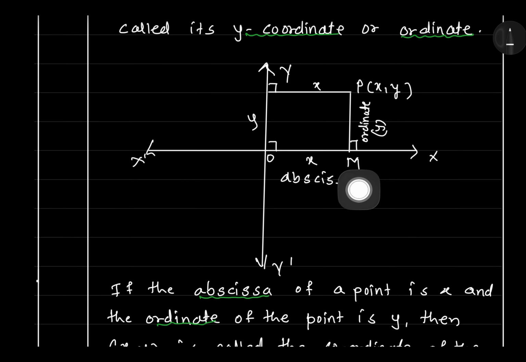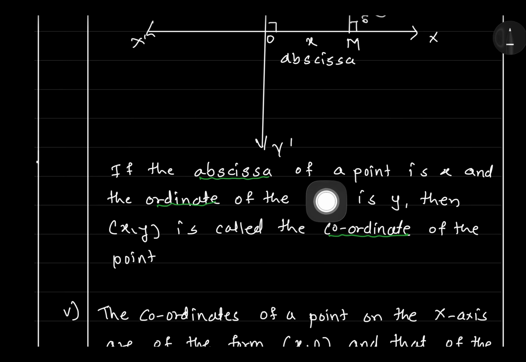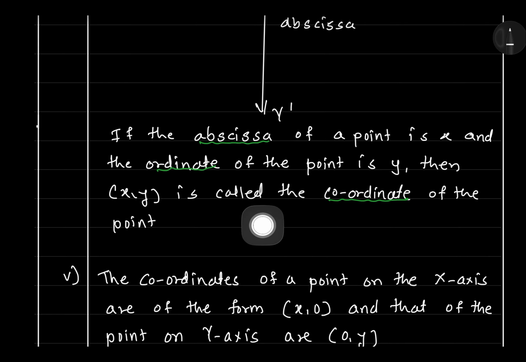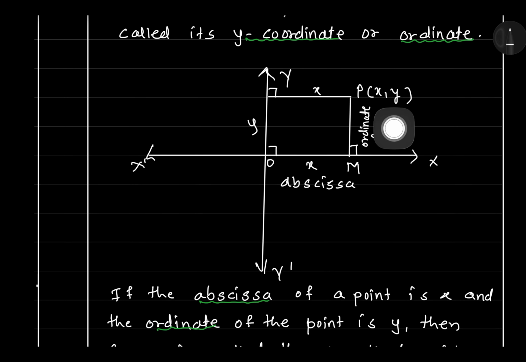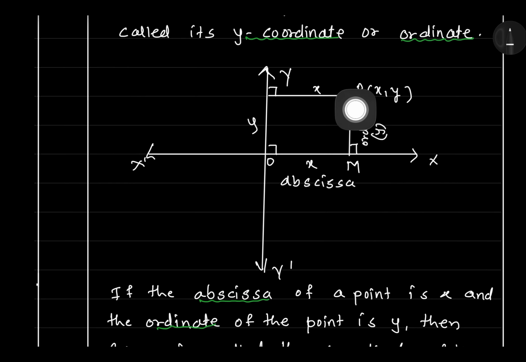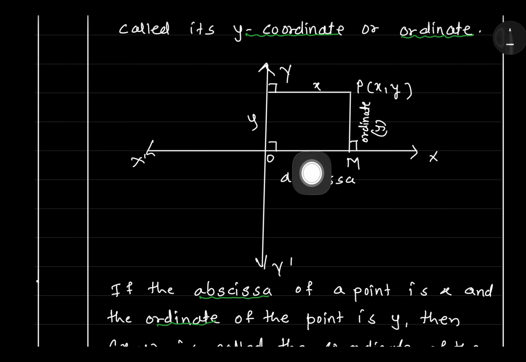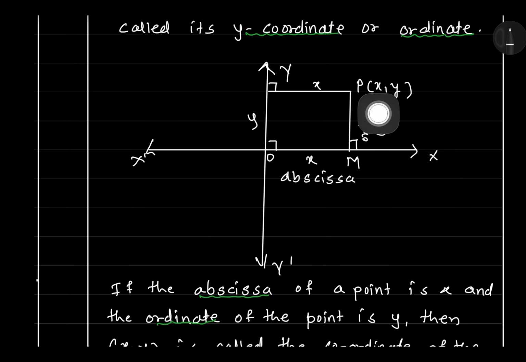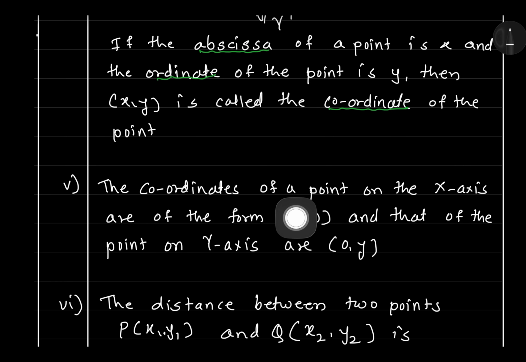So we studied ordinates and abscissa. If the abscissa of a point is x and the ordinate is y, then (x, y) is called the coordinates of that point. So P(x, y) is the coordinates of that point.